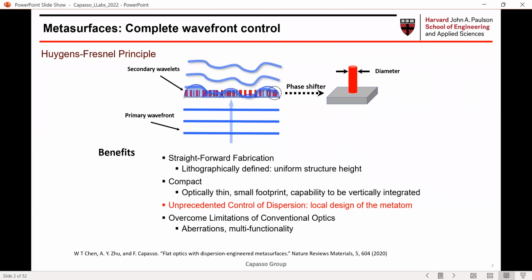They can be pillars, they can have different shapes, and in the future there will even be free-form elements. These are sub-wavelength spaced, so you can locally engineer these wavelets, and then using the Huygens-Fresnel principle, you take the envelope and you find the actual wavefront.